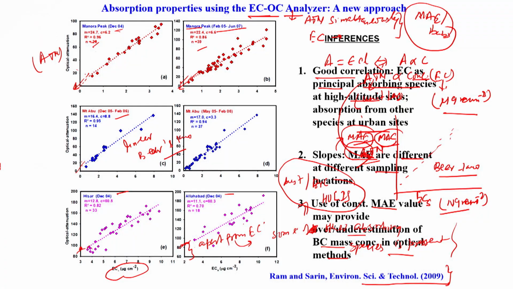For example, the aethalometer uses 16.6 meter square per gram, this conversion factor, and this is also wavelength dependent, at 880 nanometer they use. So, we have found that this number is not actually constant, and you have to use different conversion factors. So, I think I will stop here.